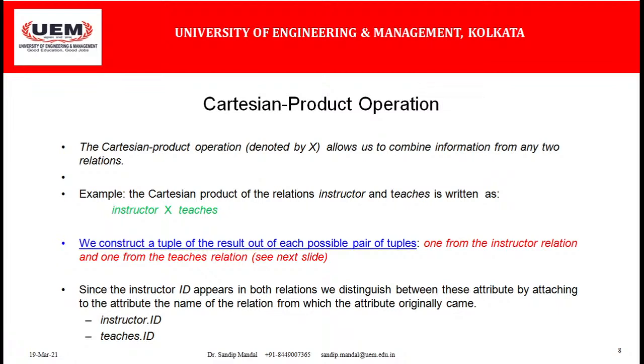Each tuple from the first table is mapped with each tuple from the next table, so the number of tuples in the newly generated table is 5 into 10, that is 50.